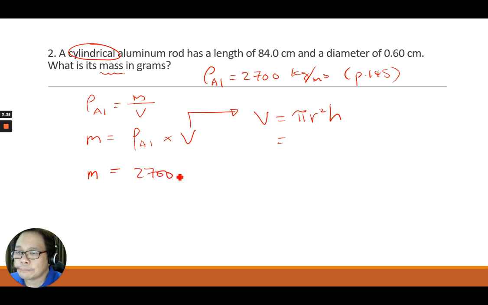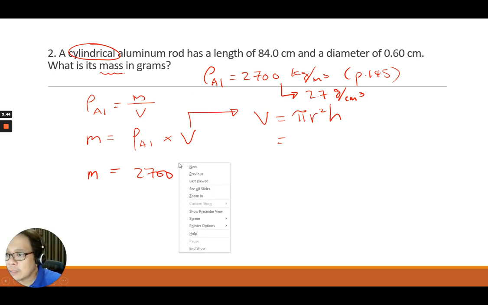2,700. The equivalent value of 2,700 in CGS would be 2.7 grams per cm cubed. This is what we need, so we delete this.